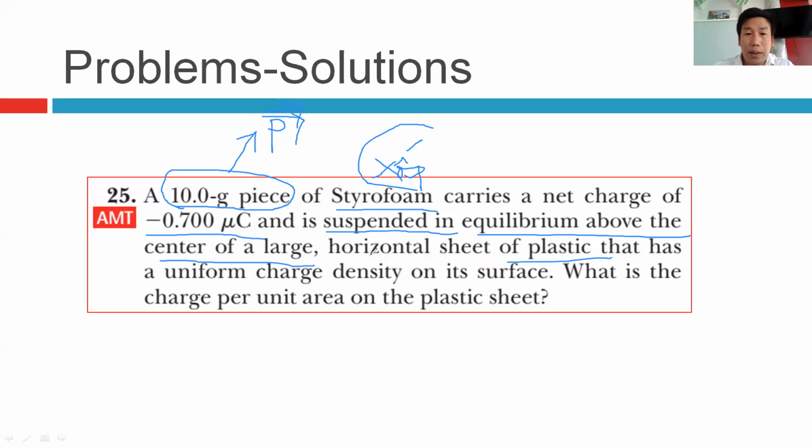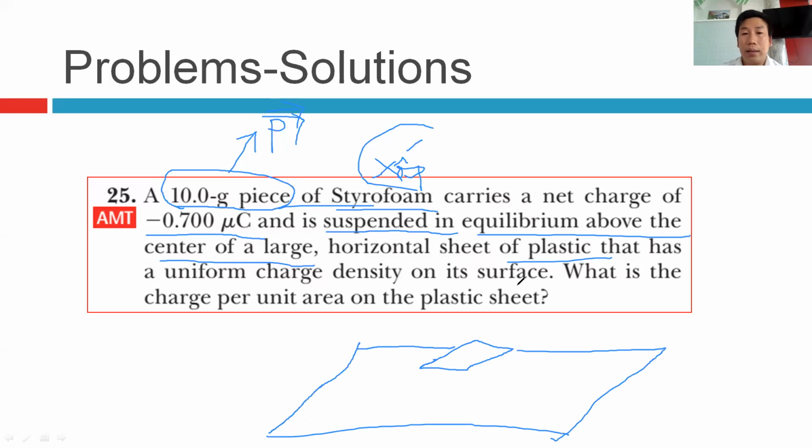And for these problems we have a small space. It's suspended in equilibrium about the center of a large horizontal sheet. Okay, the horizontal sheet of plastic has a uniform charge density on the surface, sigma, a constant, right?